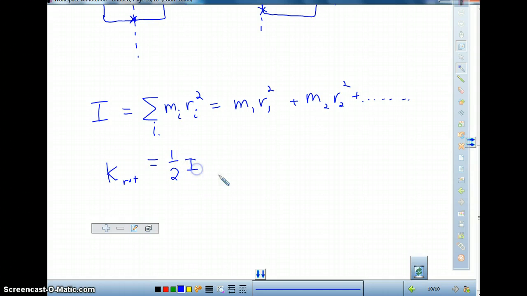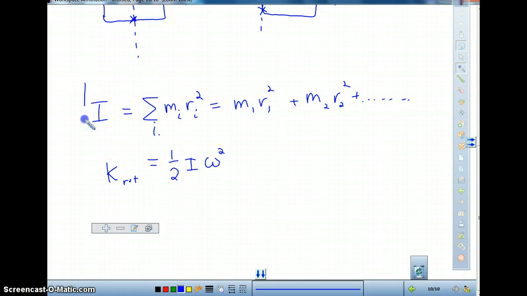And instead of linear velocity squared, it's going to be angular velocity omega squared. So kinetic energy at any given moment is 1/2 moment of inertia, which is just how easy or difficult it is to rotate an object, times the angular rotation in radians per second squared. And it will still come out in a value of joules since it is energy.